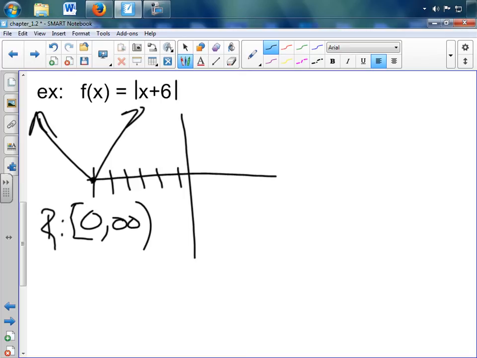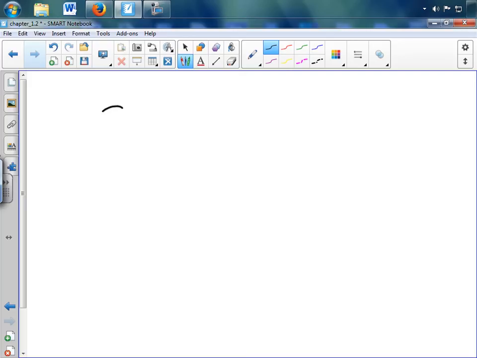Now I'm going to go into a trig world to show you something that has a different kind of range, okay? So, when you graph this on your calculator, let's just do it together. I want you to graph the sine of x.